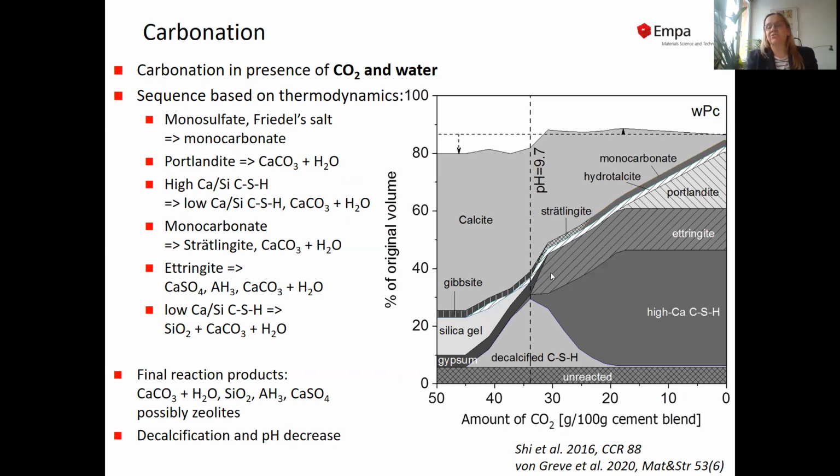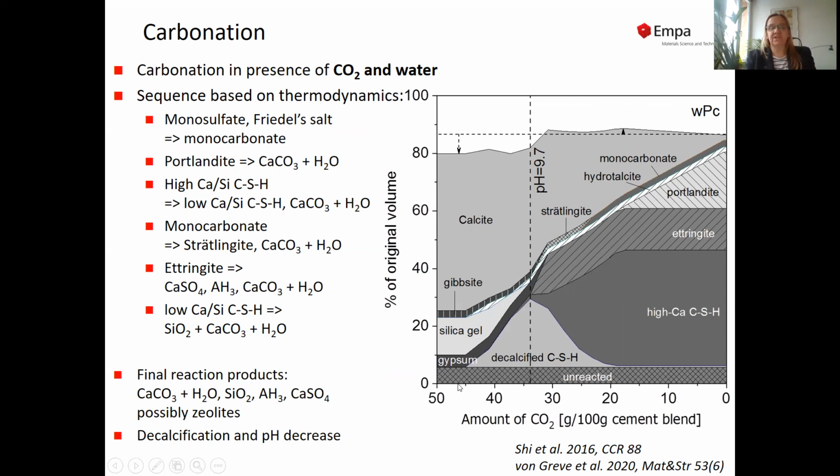Then we would start to destabilize Portlandite, later high calcium CSH to low calcium CSH, monocarbonate to strätlingite, and at very high amounts of CO2 ingress, we would also start to predict a destabilization of ettringite and of CSH to silica gel, aluminium hydroxide, and gypsum.